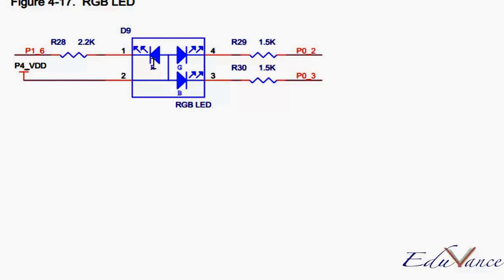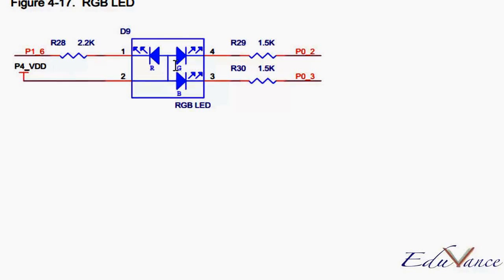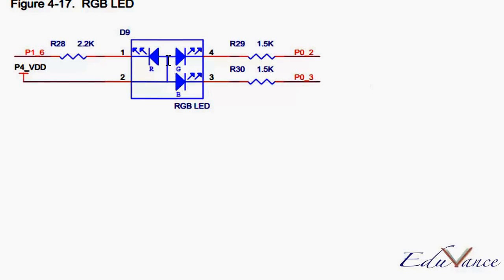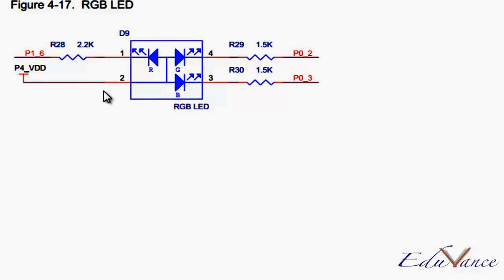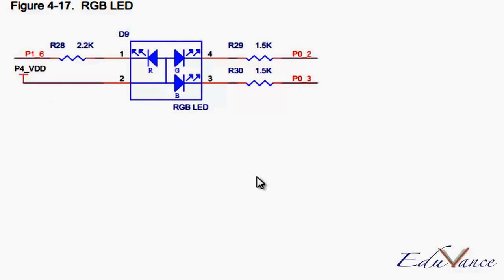The R is connected to P16, the G is connected to P02, the blue is connected to P03, and then the common anodes are connected to VDD. Since today we will be using the R LED, we will be focusing on P16.